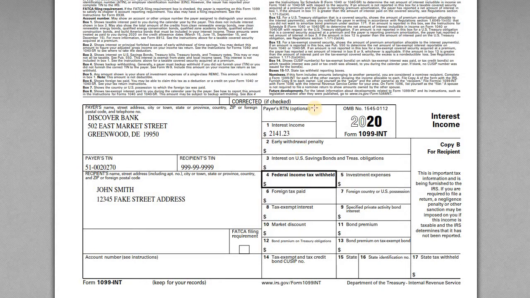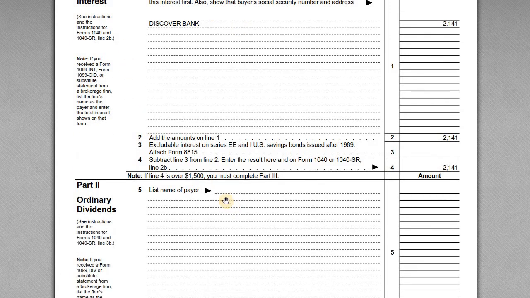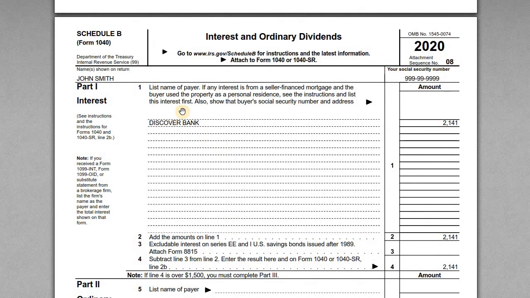So where does John report it? Well, if we flip back to the 1040, Schedule B is where we report interest and dividend income for a U.S. taxpayer. Part 1 has the interest, Part 2 has the dividend income. In this case, in Part 1, we've listed the payer. Discover Bank is the one that's paying the interest, and he has $2,141.